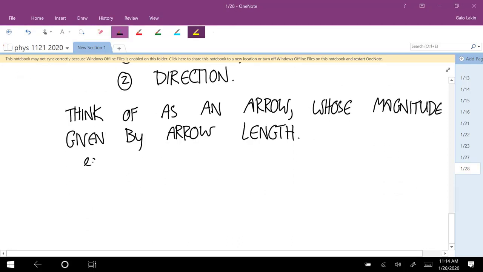If you measure it, the length of that vector tells you the magnitude of that mathematical object, and the direction is the direction that it's pointing.